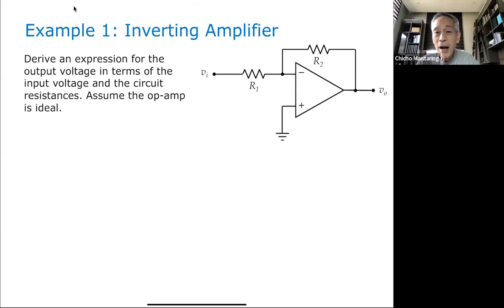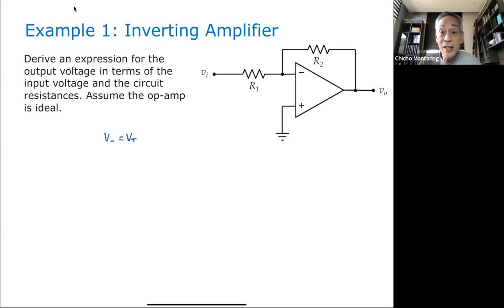Okay, then we apply the simplifying assumptions for your op-amp. And what is that? That the voltage at this point is equal to the voltage at this point. So V minus is equal to V plus.